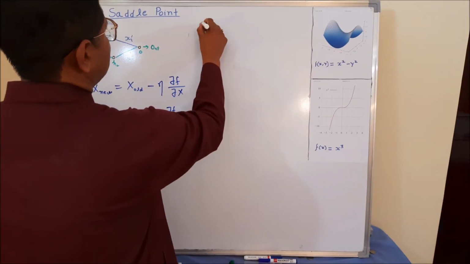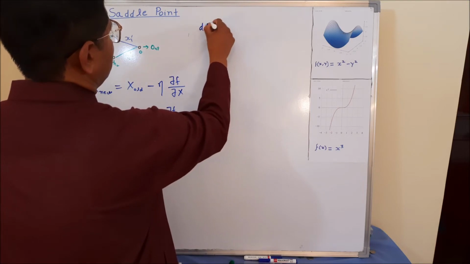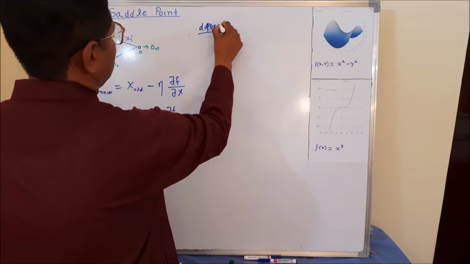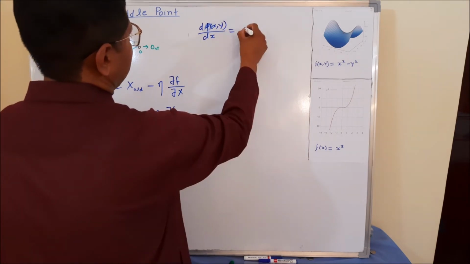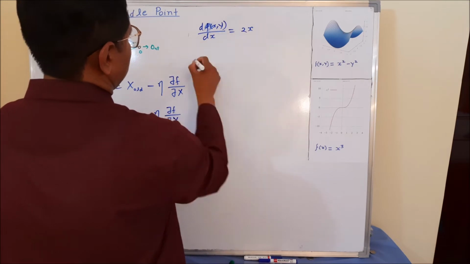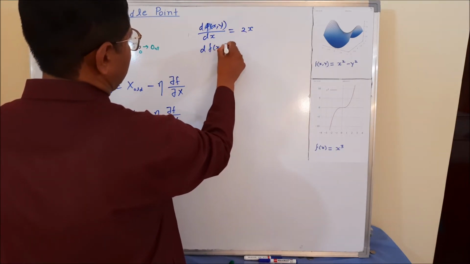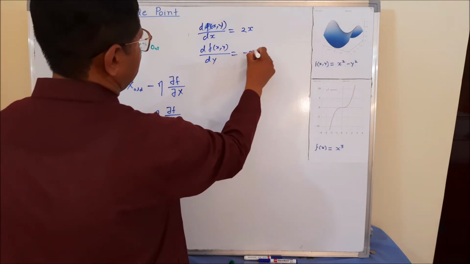When we take the partial derivative of f(x, y) with respect to x, we get 2x, and when we take the partial derivative with respect to y, we get minus 2y.